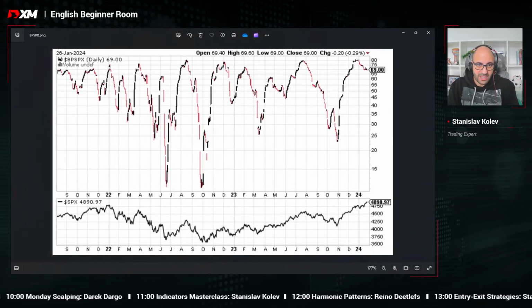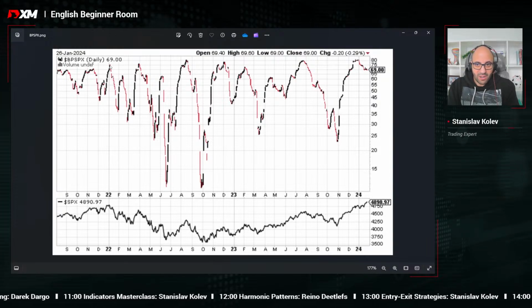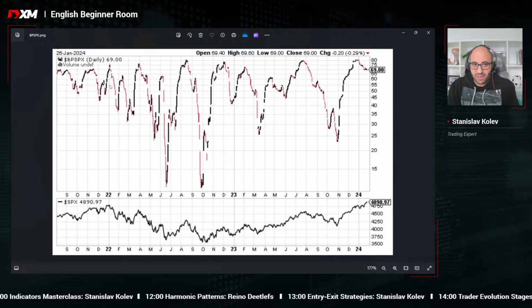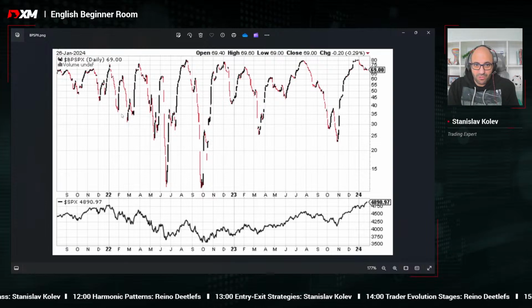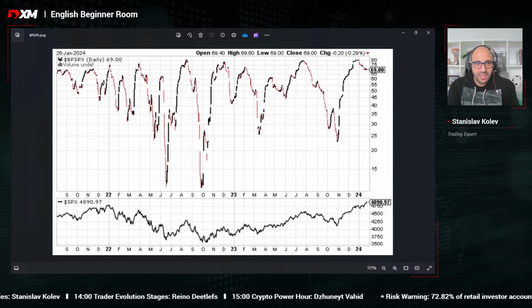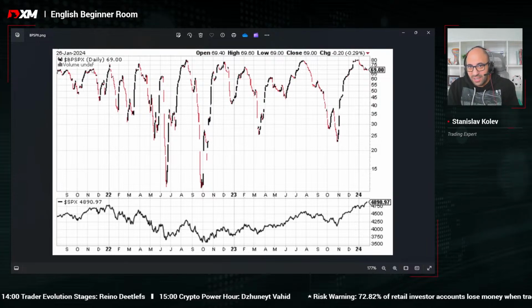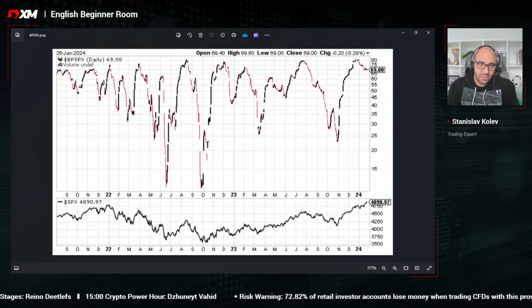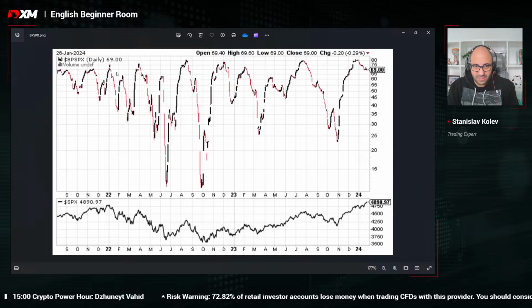So this is already in the past, right? Now we had a move down and we had a move below 35 and above 35 again. So we're going to use 70 and we're going to use 30 as those levels.